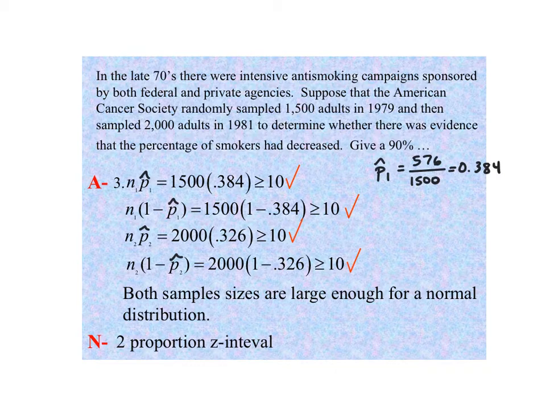Okay, and P2 hat comes from dividing, and this is the data from the table, 652 divided by 2,000, which would give you 0.326.